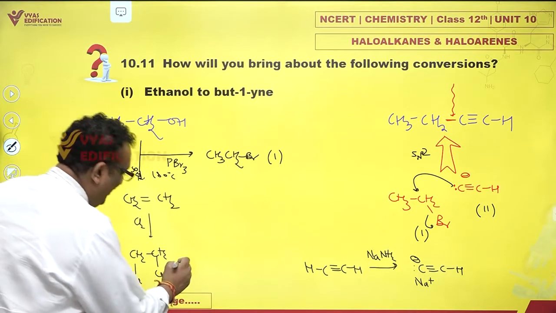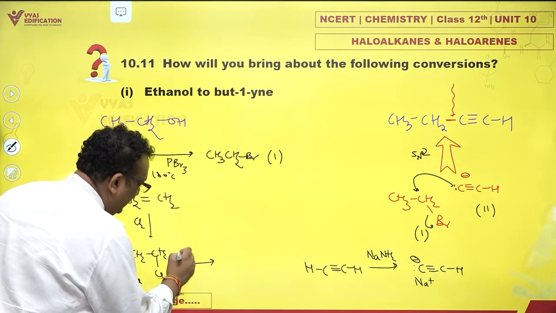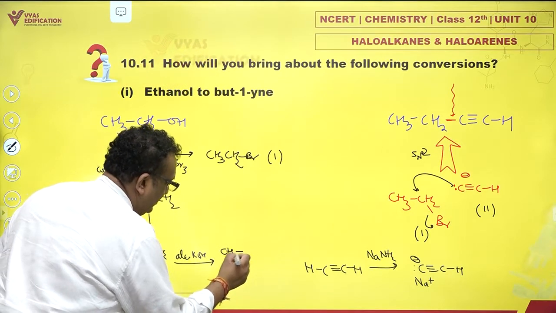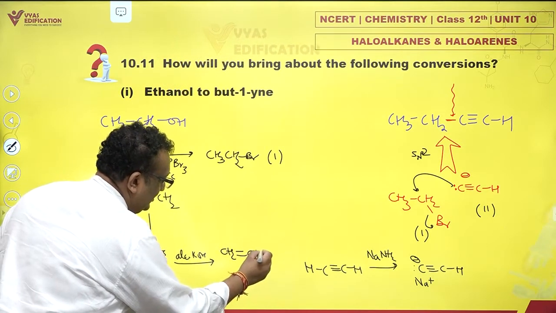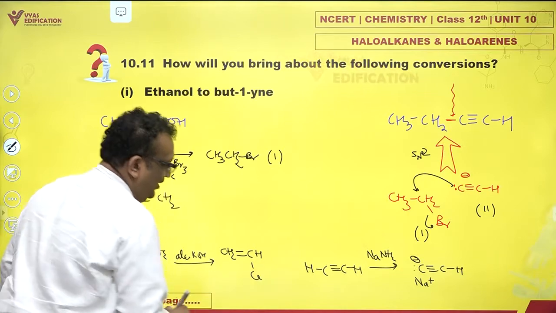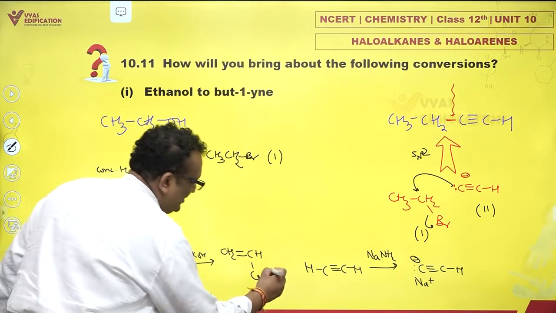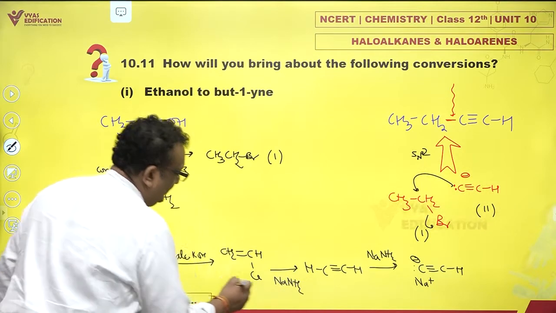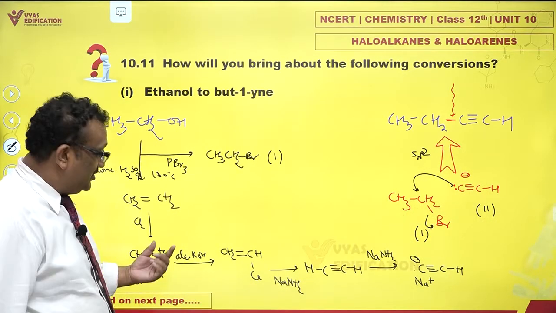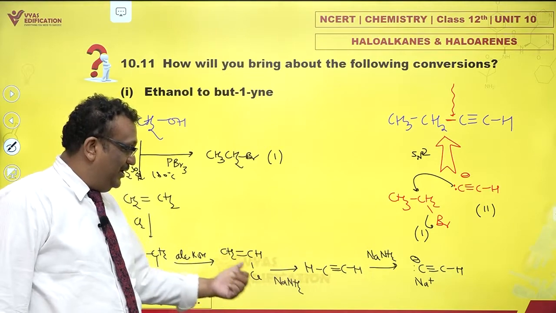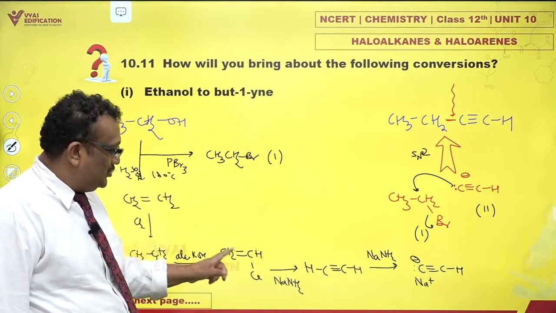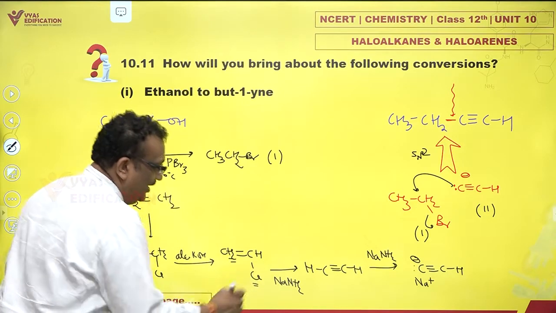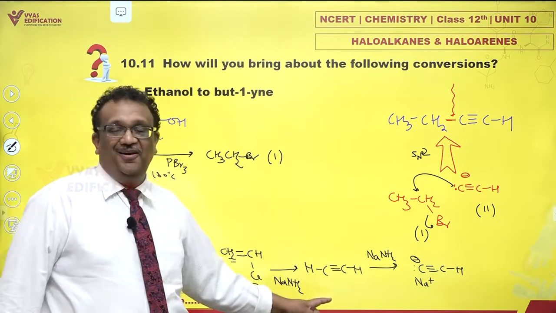And then if I use alcoholic KOH, I get vinyl chloride. And last and the least, if I use NaNH2, because alcoholic KOH is not sufficient for elimination of vinyl chloride. So now vinyl chloride, further 1 H and 1 Cl can eliminate and I will get alkyne.